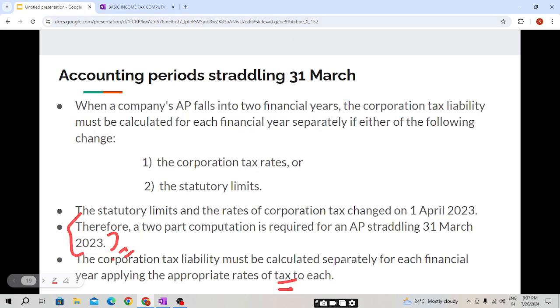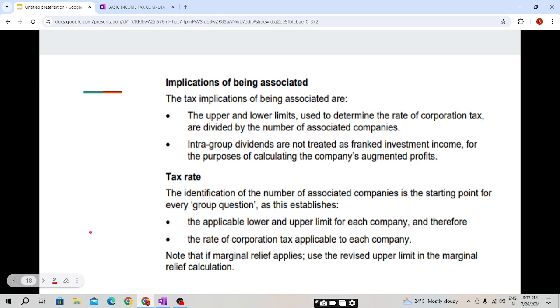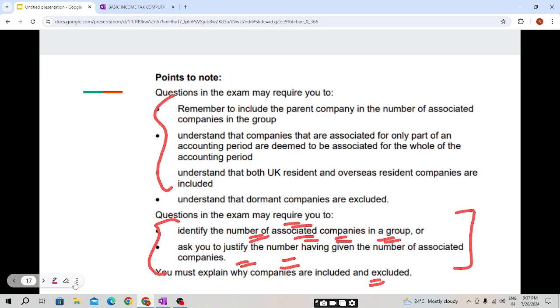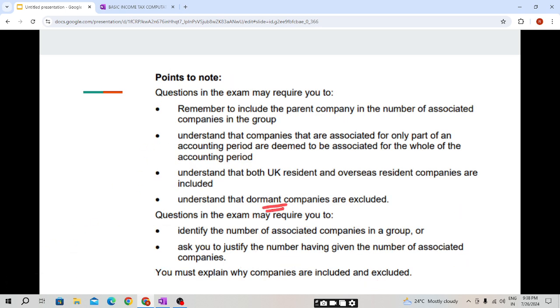Please do remember, students. Dormant company will not be included. UK resident or overseas resident companies will be included, and companies that are associated for only part of the accounting period are deemed to be associated for the whole accounting period, and the parent company is also included in the number of associated companies. I hope this is clear.